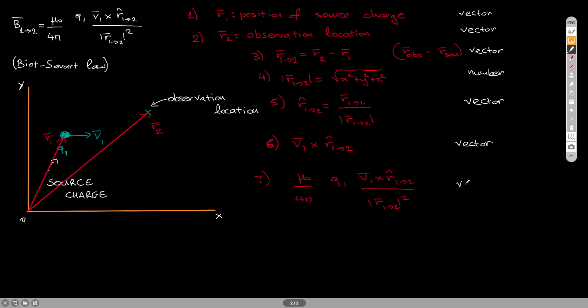And you should get at this stage a vector, because the magnetic field is a vector, so you should find x, y, z components for the magnetic field. So the difference between the magnetic field calculation from a charge and the electric field is this step where you find the cross product, and this makes things somewhat complicated.